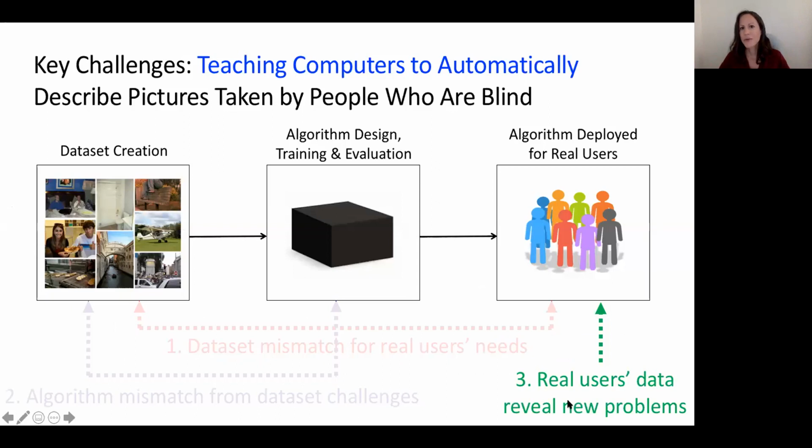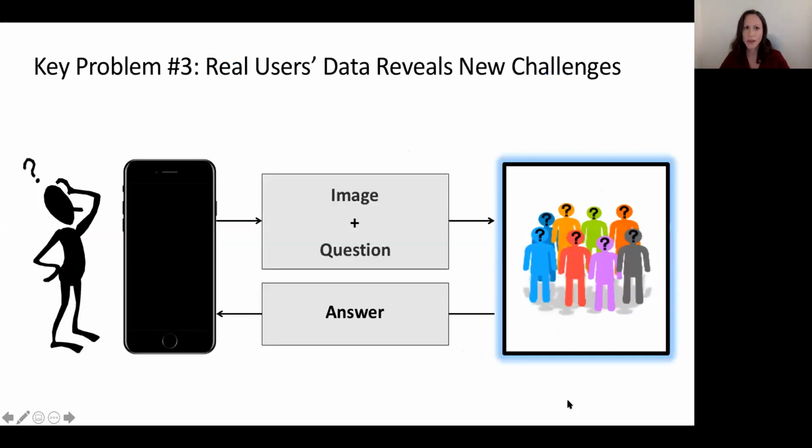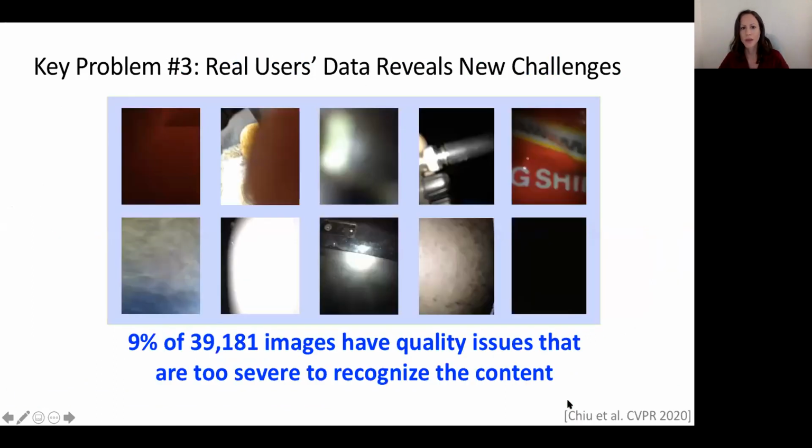So I want to conclude with looking at what new problems the real users' data reveal. Again, if we think about the pipeline we started with, where a user submits an image and a question, and then an answer is returned from humans.